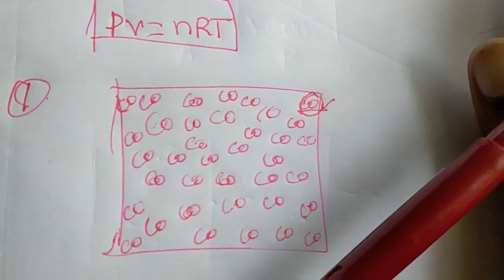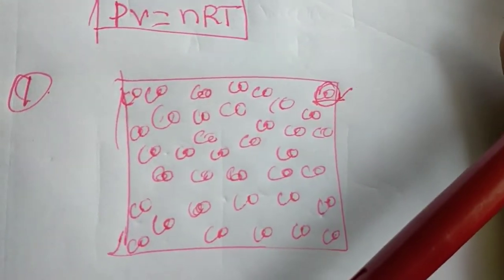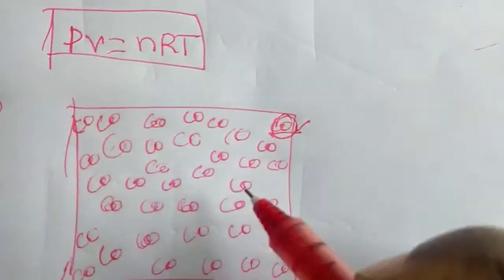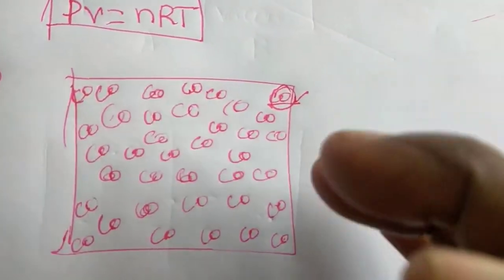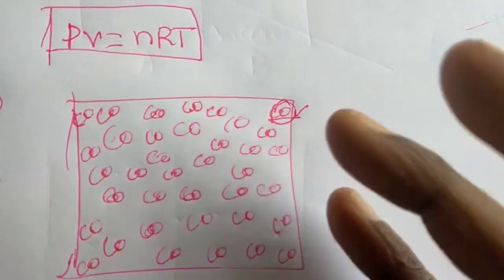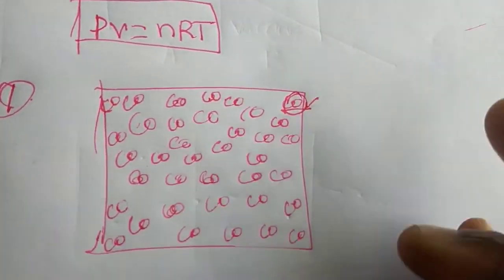Okay, then the second condition: gas particles have no attractive force between one another. So these gas particles have no attractive force with another CO particle. They are freely moving, not connecting together. There is no attractive force, not even any small attractive force, between the molecules.